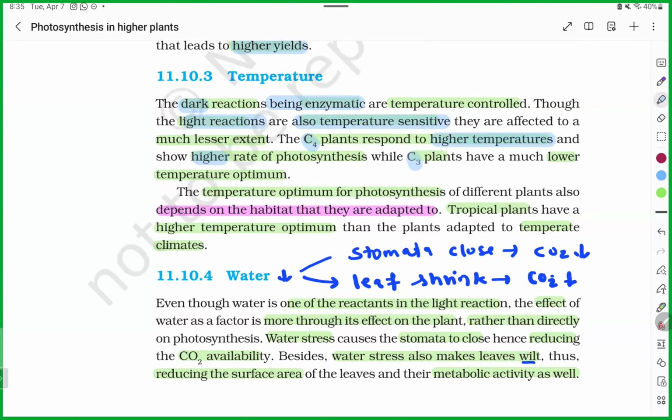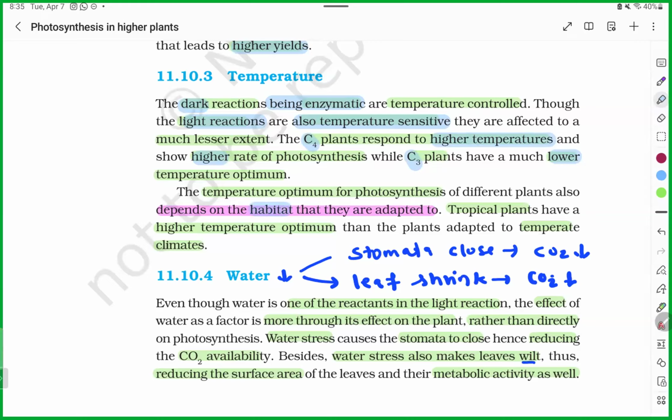But C3 plant needs much lower temperature. अगर उसको ज्यादा बढ़ाने की कोशिश करेंगे, if we try to increase the temperature for C3 plant, they will be damaged. Correct? So temperature optimum for photosynthesis depends upon their habitat, where they live.